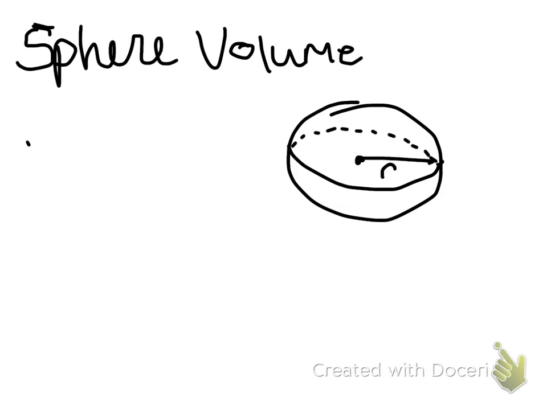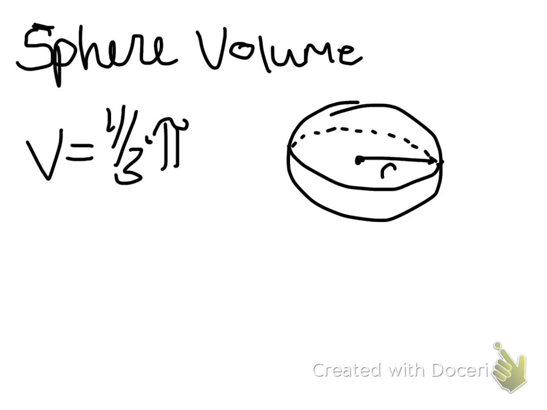The volume formula is, if it has a radius of r, it's 4/3 pi r cubed. 4/3 pi r cubed is the volume of a sphere. This should go on your list of formulas to memorize.